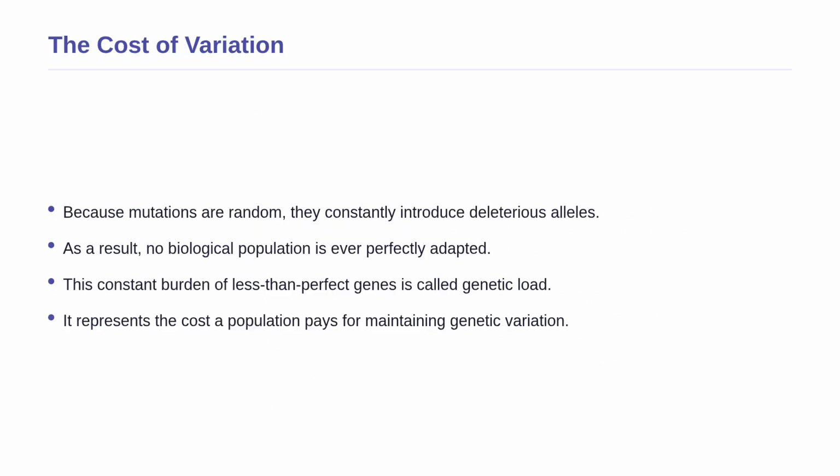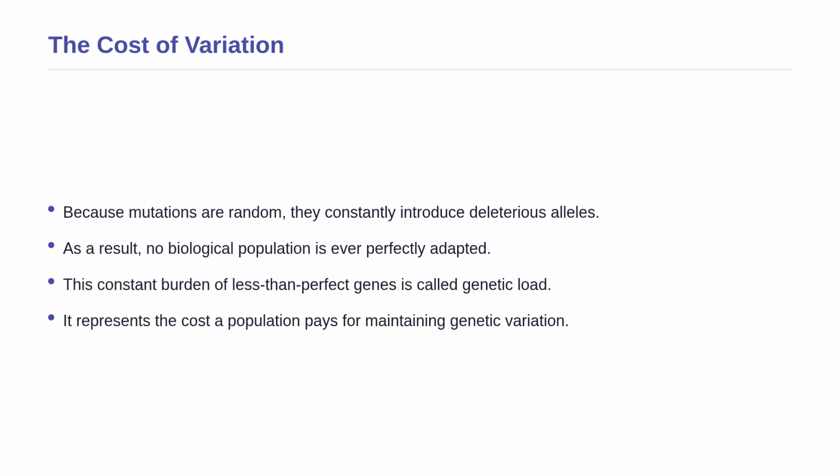We have seen how variation is created and shared, but this variation comes with a cost. Imagine a factory that produces highly efficient cars, but occasionally a machine glitches and produces a defective engine. Because mutations constantly introduce slightly defective or deleterious alleles, no biological population is ever perfectly adapted.